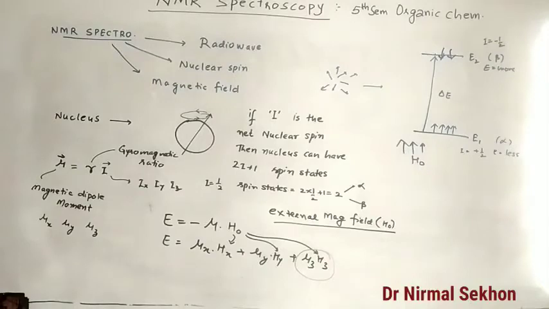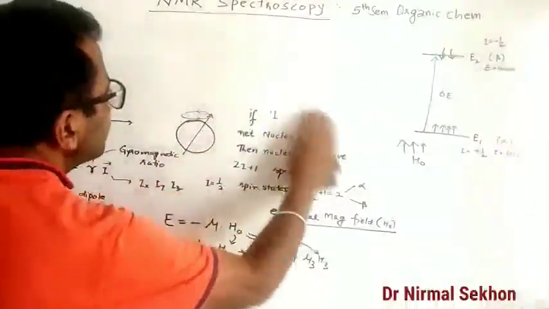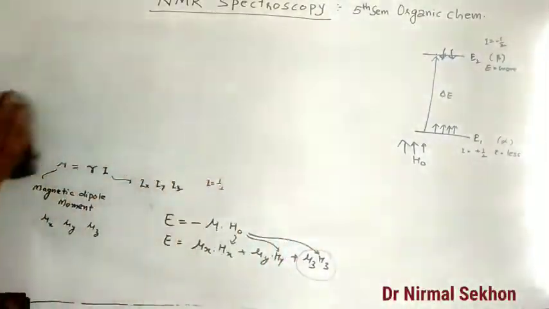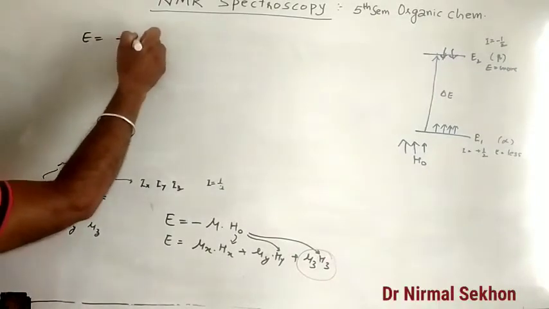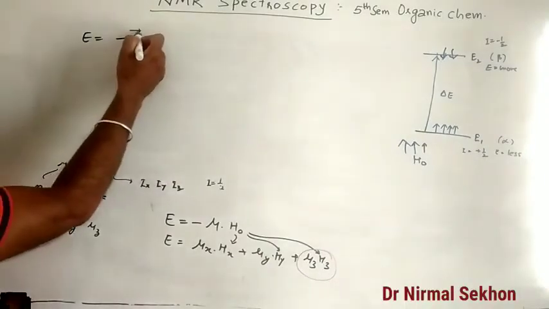So the energy equals minus mu dot H naught. Both are vector quantities.